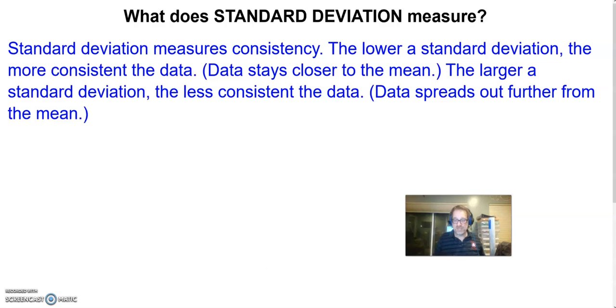If my mean is an 87 and my standard deviation is 2, I pretty much get 87 every time. But if my mean is 87 and my standard deviation is 15, I have some tests that are really high and some tests that are really low, but on average it's an 87. So standard deviation measures consistency.